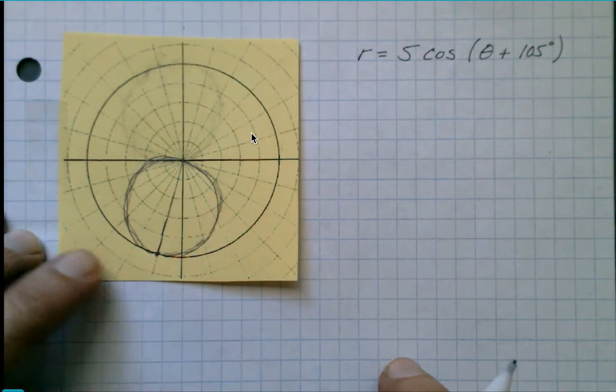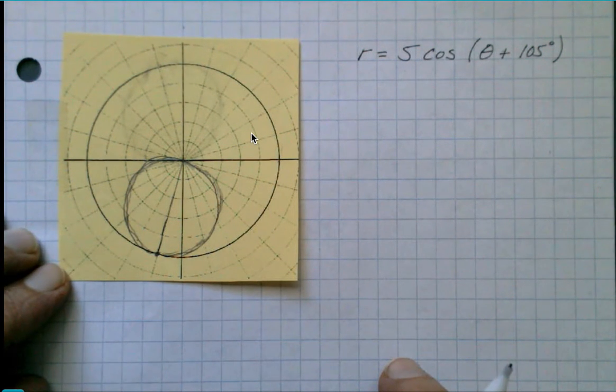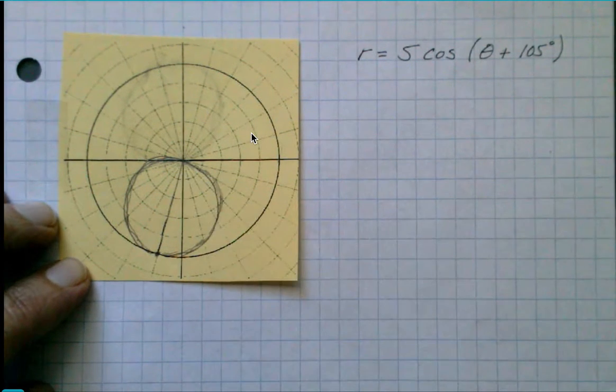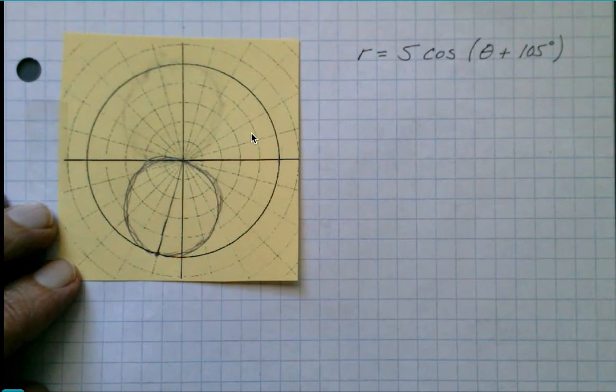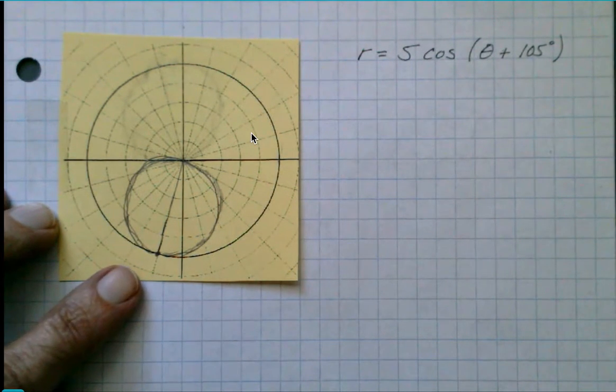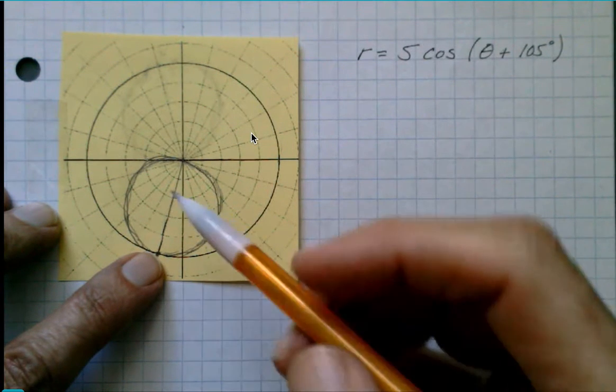Okay, and so now the next thing is, how do we convert this to a Cartesian form? Well, there's a couple of ways to do this. Before, when we were working with lines, we talked about a geometric or visual way and then a purely algebraic way. So let's look at a geometric way to do this.